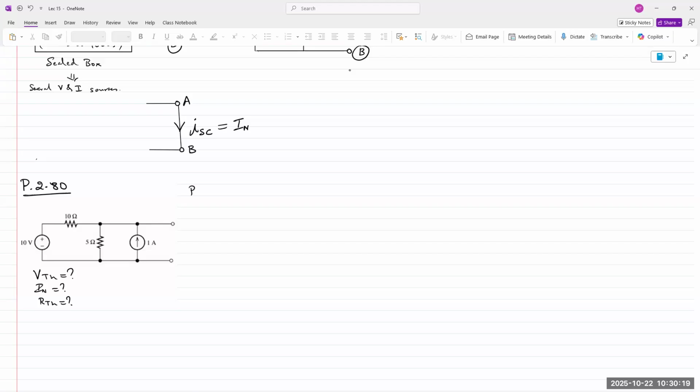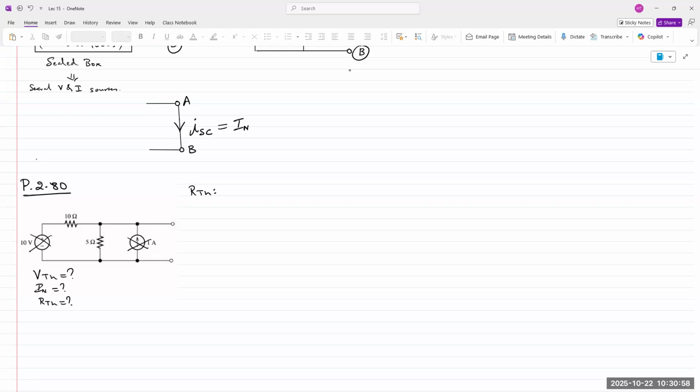How would we set up the circuit to determine Thevenin resistance? We have to modify the circuit. In the lab, what did you do? You took your meter and you connected it at those output terminals and you measured Req. What did you do to the power supplies? We disconnected them and removed them from the circuit, right? So in this case, we see that there are two power supplies. One is a voltage source, the other one is a current source. In order to measure or calculate Req, there cannot be any sources left in the circuit.